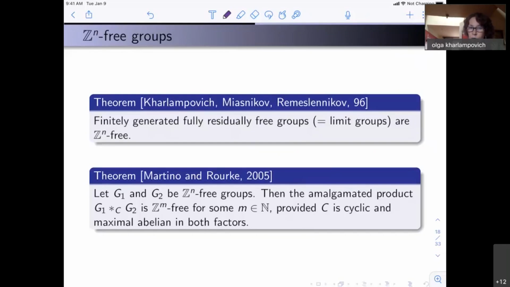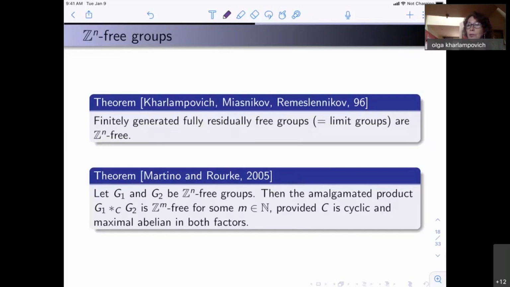Is it also Zm free for some other m? It turned out that if you take an amalgamated product over a maximal cyclic group, which is maximal abelian in both factors, then the amalgamated product is Zm free for some m. It's a result of Myasnikov and Remeslennikov.